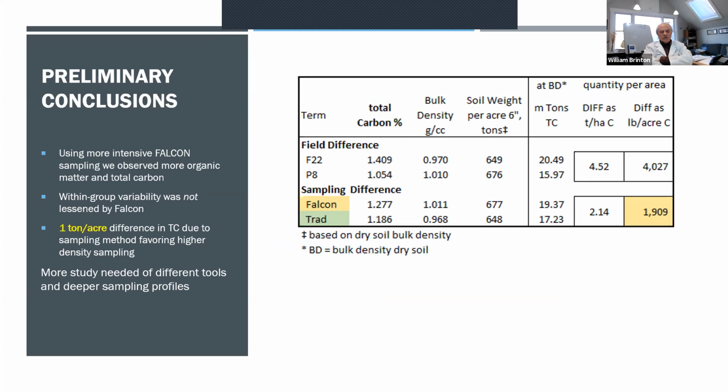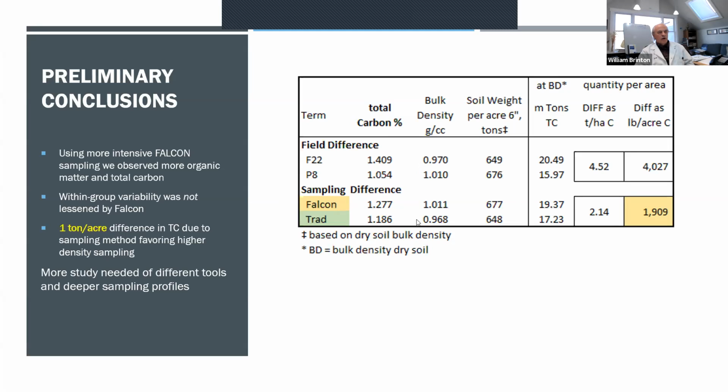One of my hypotheses from the beginning was that we'd see less variability with the Falcon because it's sampling more, but that wasn't the case, which is very interesting. But look at this, using Falcon testing, we found 1 ton per acre more carbon attributed just to it.